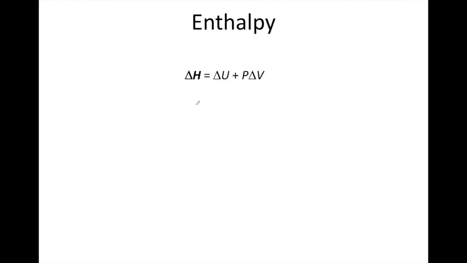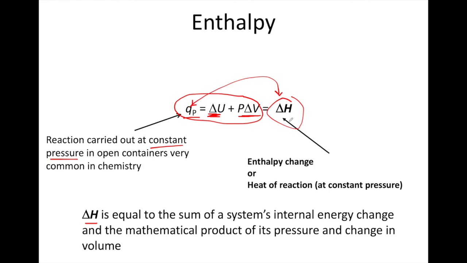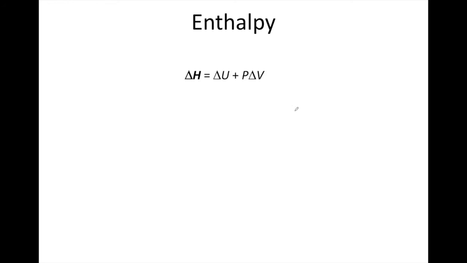So let's show that one other way. We've shown here that we can just replace Q sub P with delta H, and we get this equation. Now remember, we said that change in internal energy can be released as heat or can be used to do work.